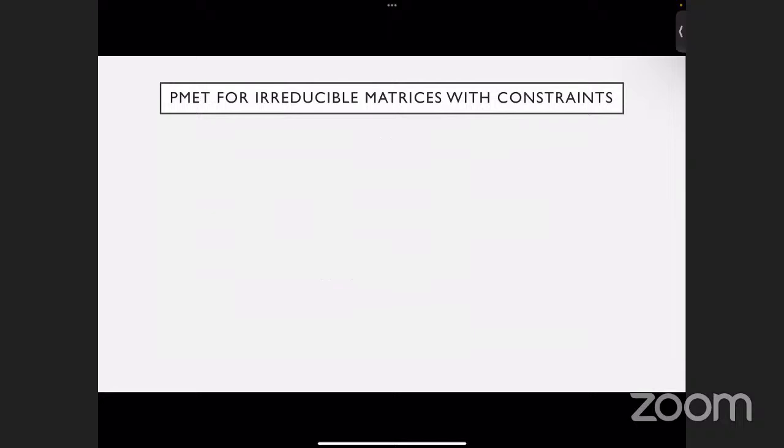Now I will talk about some results known for principal minor equivalence testing for irreducible matrices with some constraints. So here, for an n cross n matrix A, a subset S of size at least 2 and at most n-2 is called a cut if these two submatrices have rank at most 1.